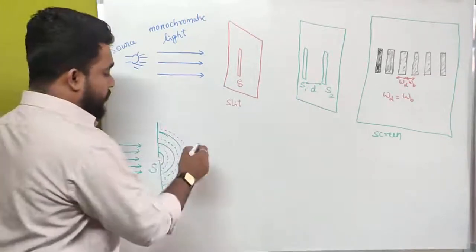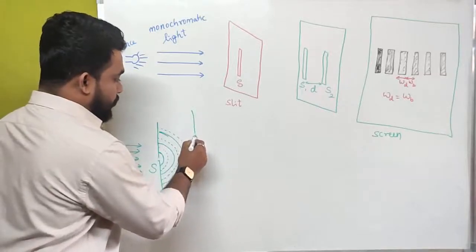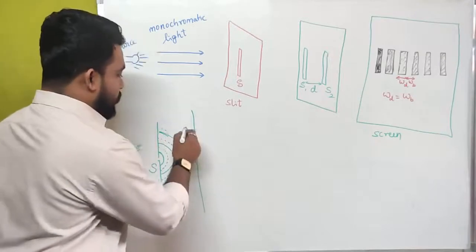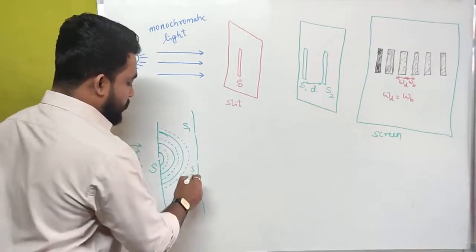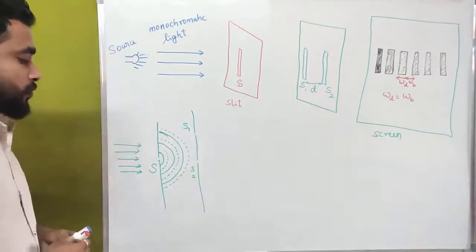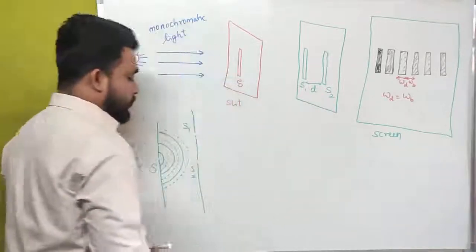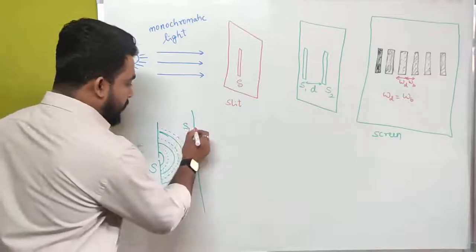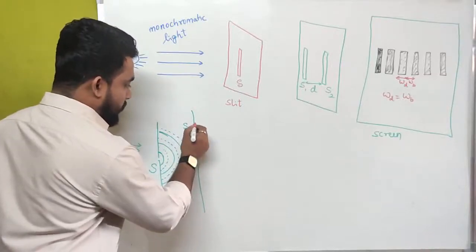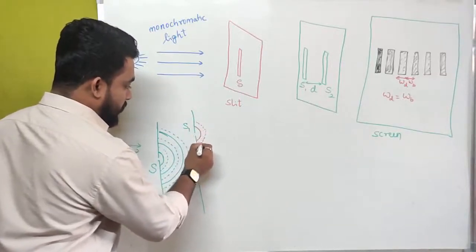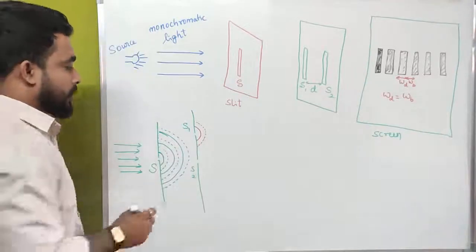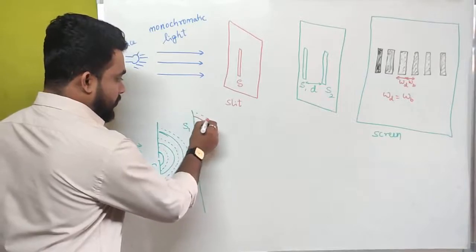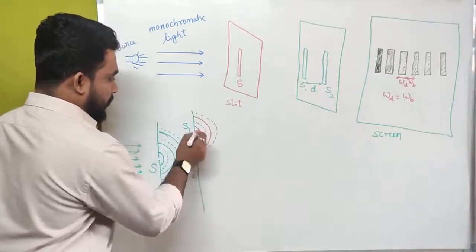If these waves are passed through two slits, this is S1, this is S2. If these waves passed through the slits S1 and S2, what will it become? Again, here also we are getting crest and trough, crest and trough.